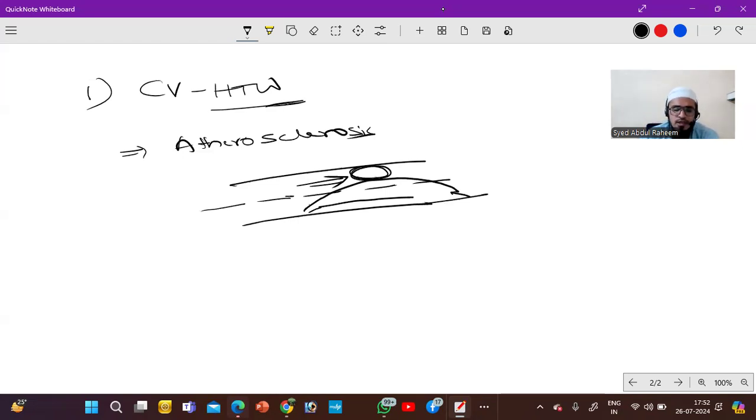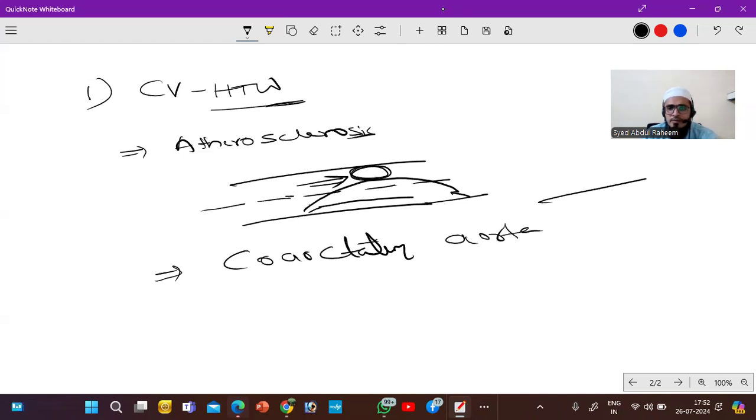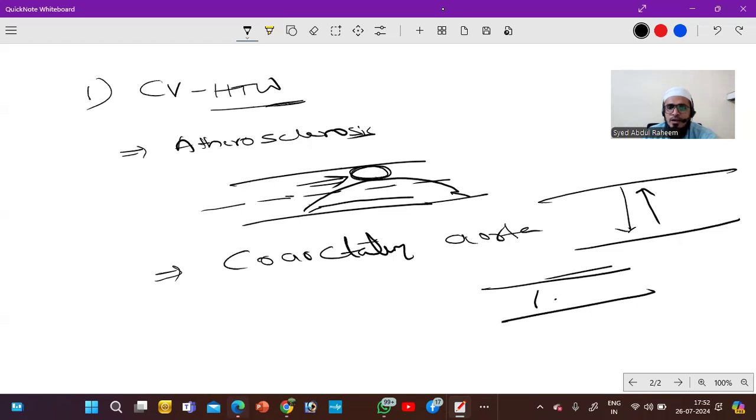Next is the aorta, we'll call it coarctation of the aorta. Coarctation of the aorta means narrowing of the aorta, where the space between the vessel walls will decrease.